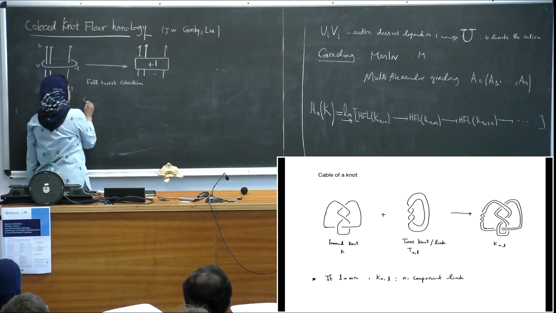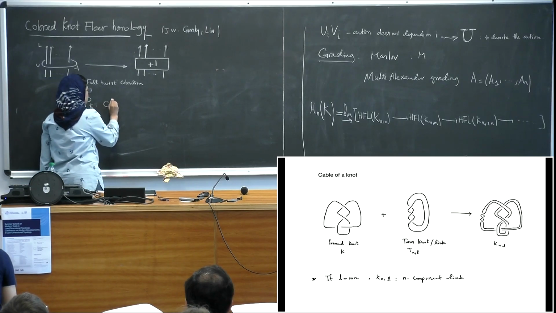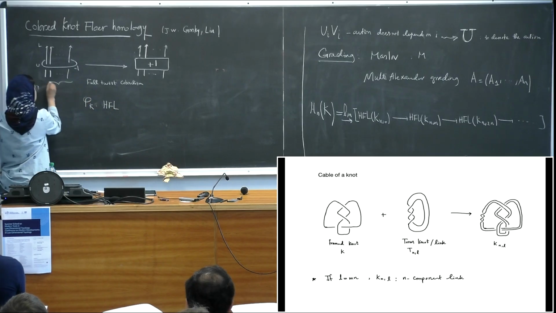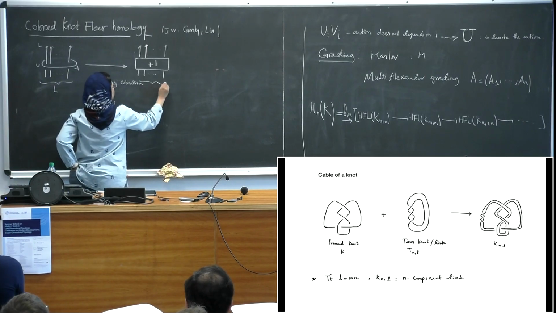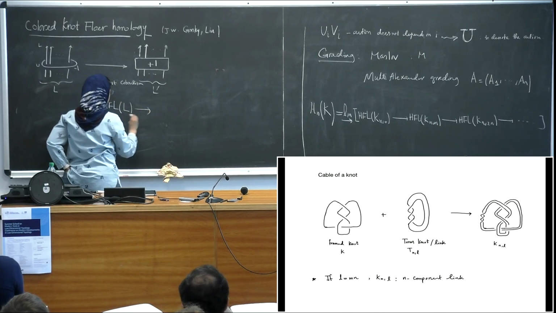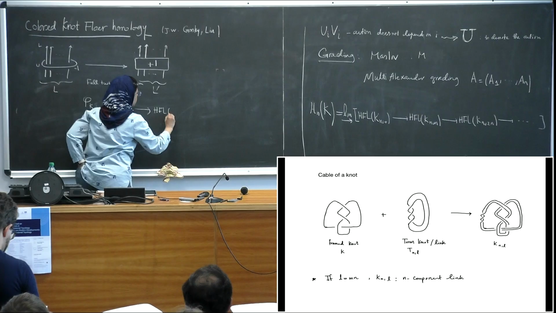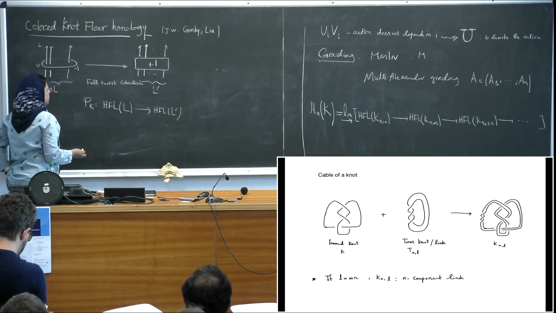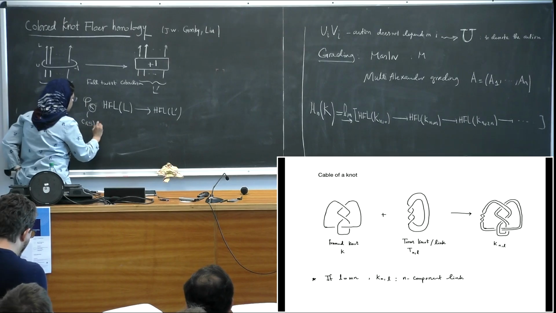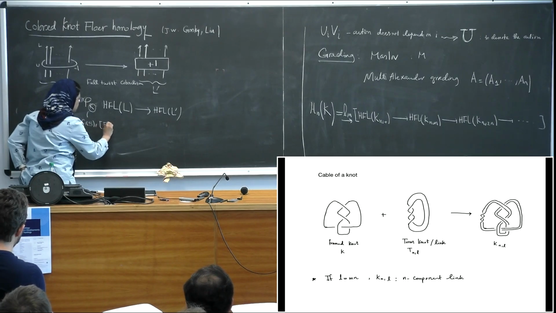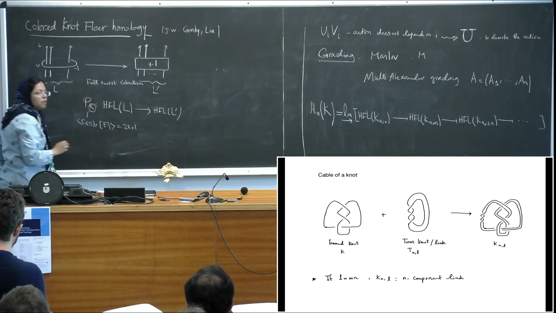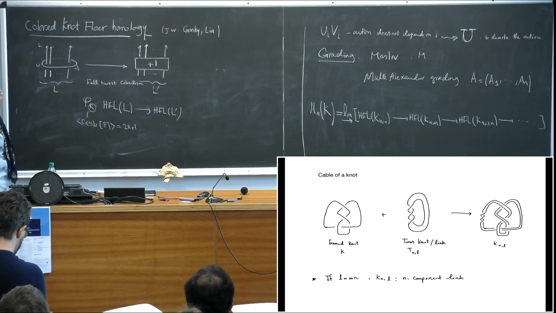We are going to denote the cobordism map from link Floer homology of L to link Floer homology of L prime by phi_k when the spin-c structure that we fix has first Chern class evaluated on the second homology class equal to k plus 1.